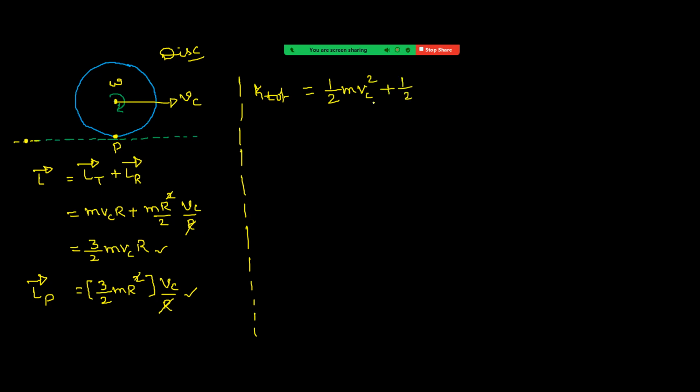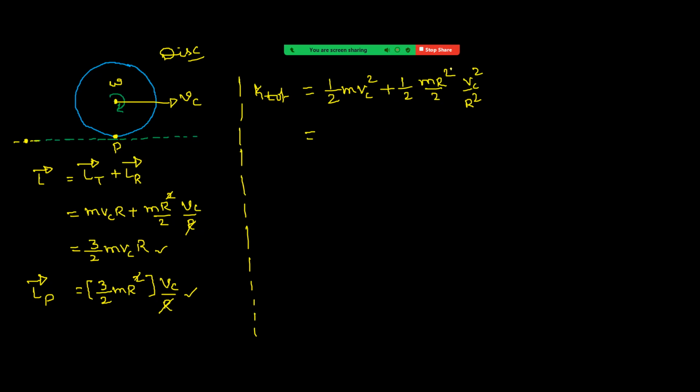Because of rotation, half I omega square, where I is MR square by 2, because we are taking translation of center of mass and rotation about center of mass. That's why the I value is about the center of mass. Half I omega square, where omega is Vc by R, so omega square is Vc square by R square.